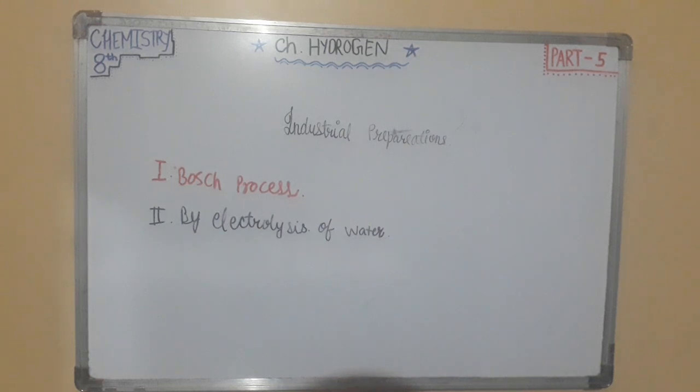So, when electric current is passed through acidulated water containing sulfuric acid, it splits into hydrogen and oxygen as shown in the reaction.